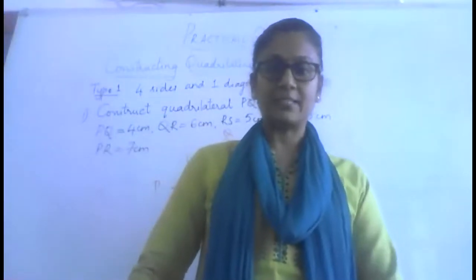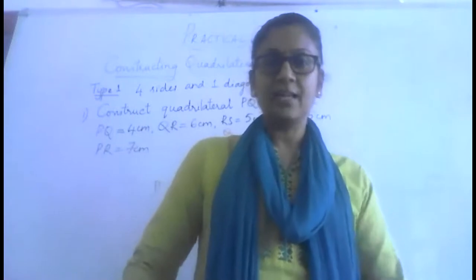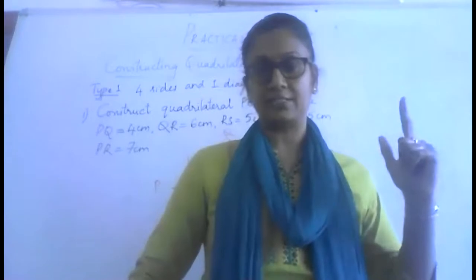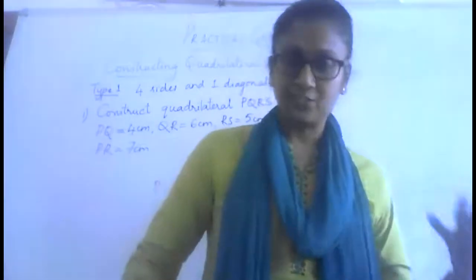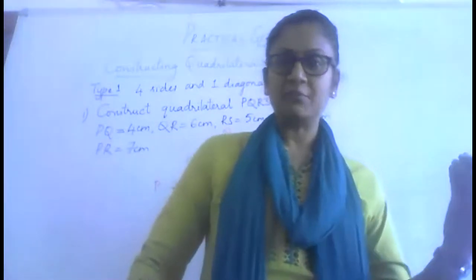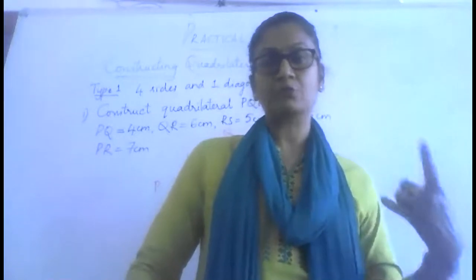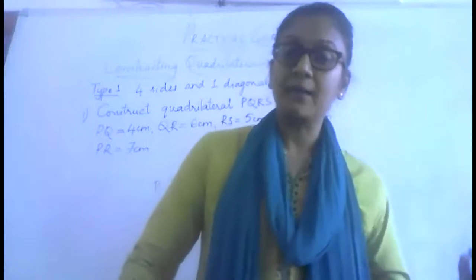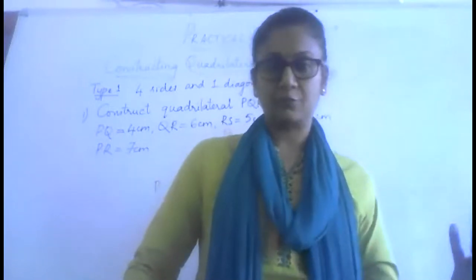Because when 4 measurements are given, if I draw a quadrilateral and try to push any of the vertices of the quadrilateral, then it will take a different shape. So we can't tell that with 4 measurements I will be able to draw a unique quadrilateral. With the same 4 measurements, I may be able to construct 2 different kinds of quadrilateral.